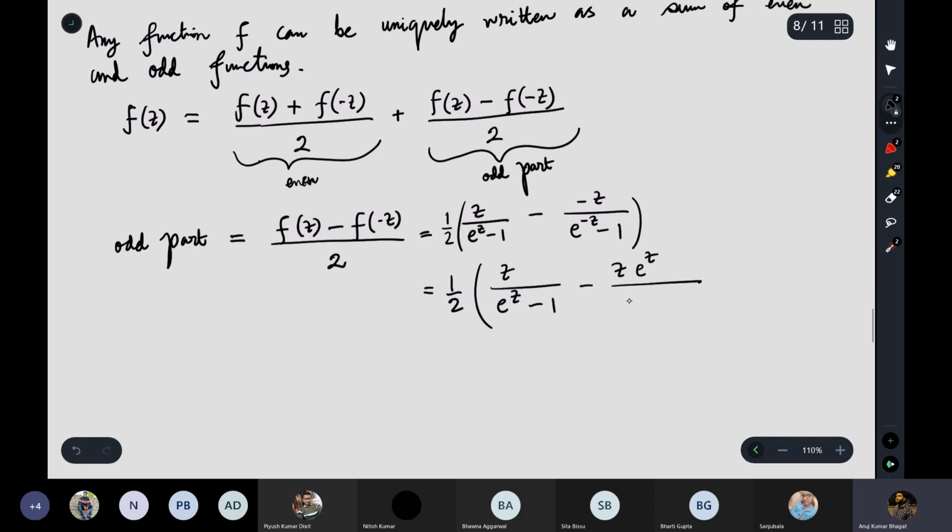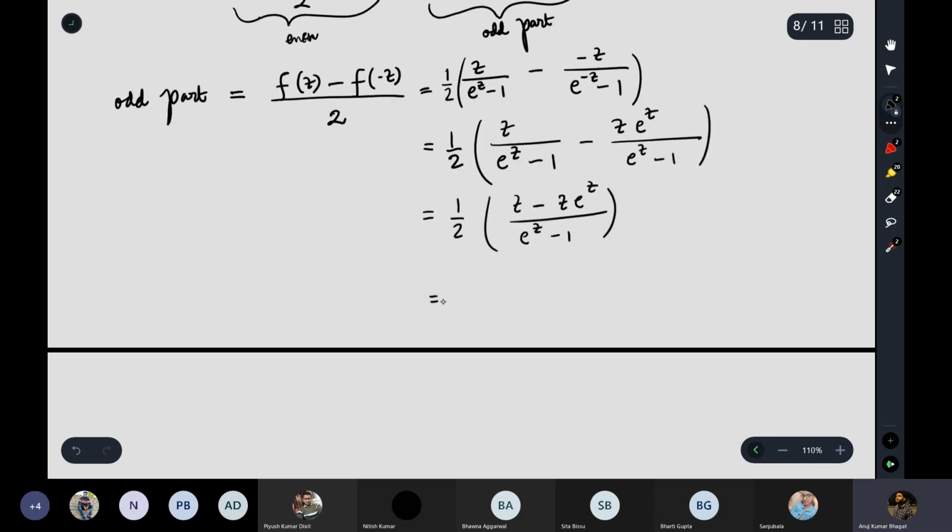This is simple calculation that you can do. If you now take the LCM, this will become z minus z e to the power z by e to the power z minus 1, half times. If I take z common, then things will get cancelled and there will be minus.